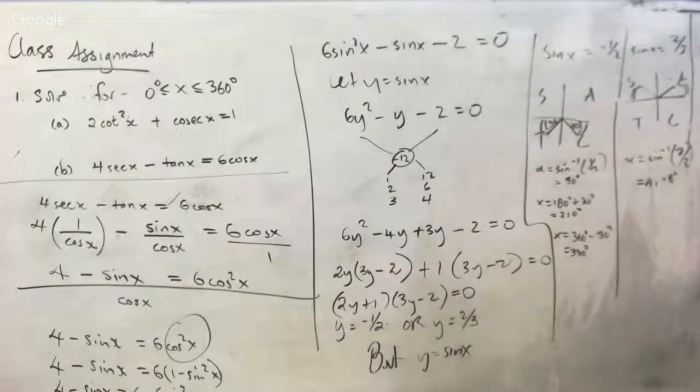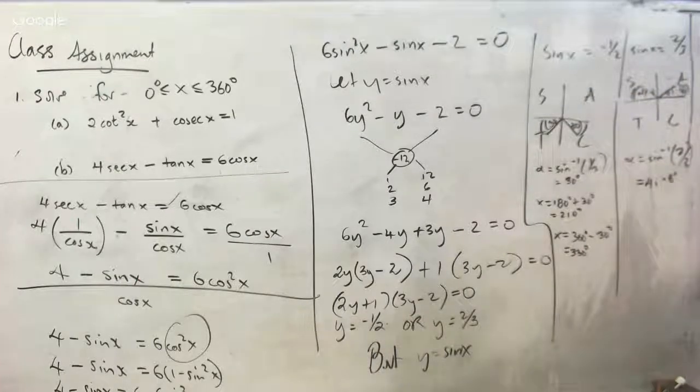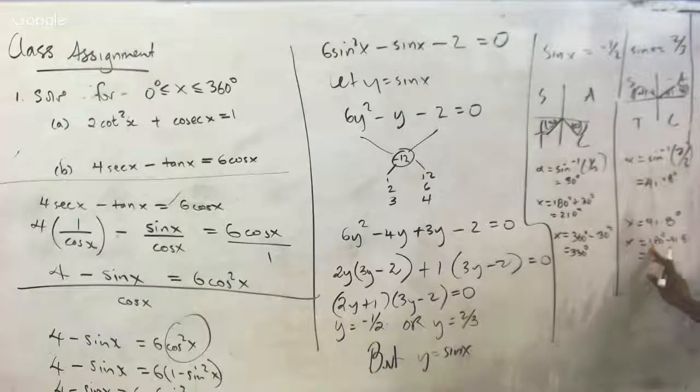Same thing as the last. 41.8. And so x is equal to 41.8 degrees, or x is equal to 180 minus this piece, which is 138.2 degrees.